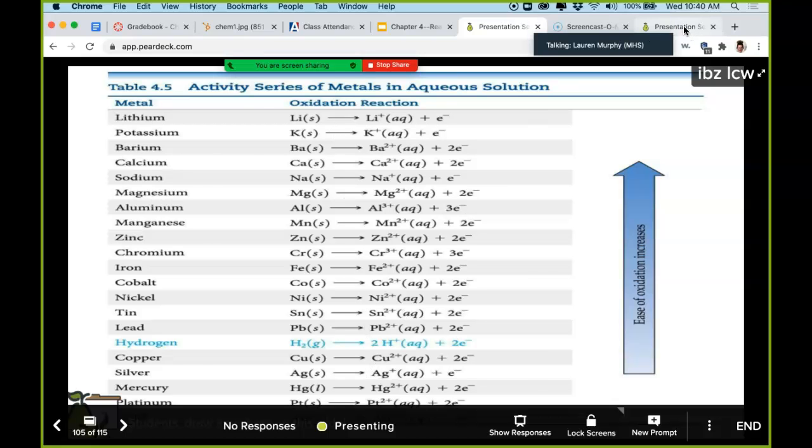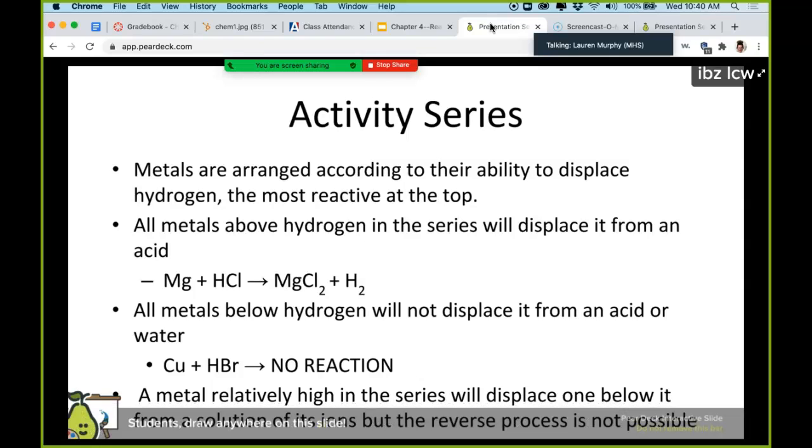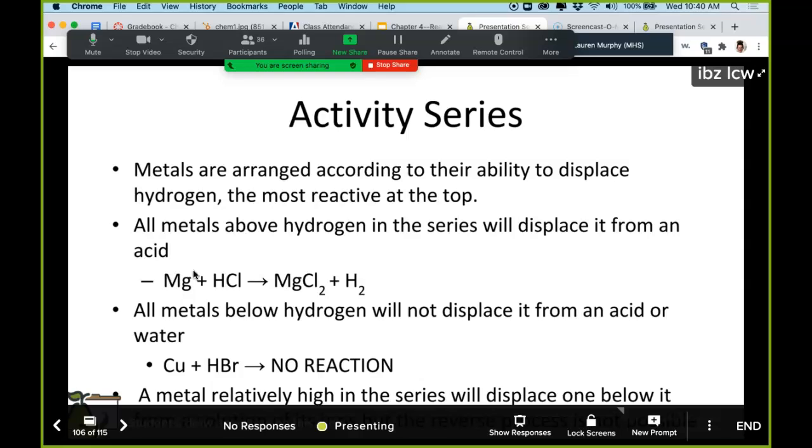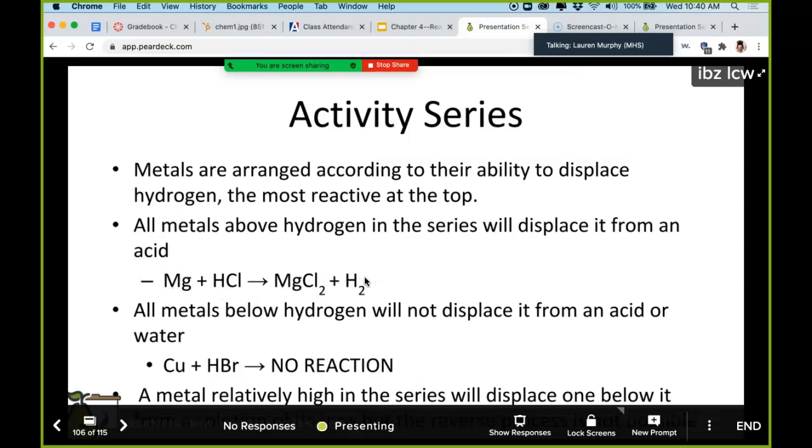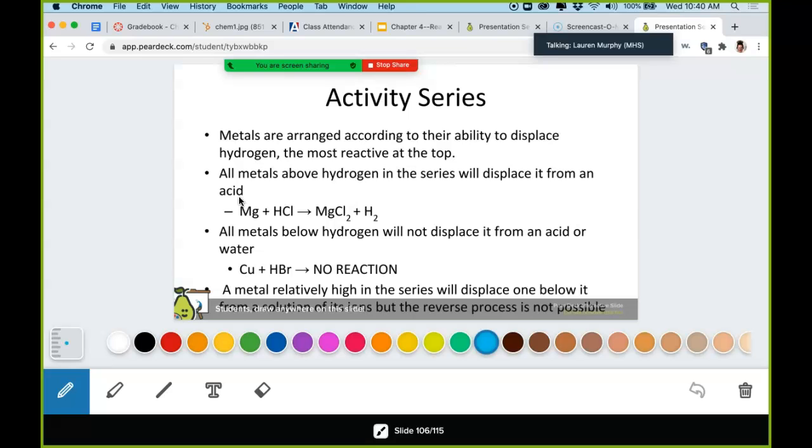So now something that we have not done before is talk about a reaction actually just not happening. So in this reaction, if I take a piece of magnesium and I drop it in hydrochloric acid, a reaction will happen. This is single replacement and it's redox. Let's talk about why it's redox. Well, magnesium is 0, hydrogen is +1, chlorine is -1.